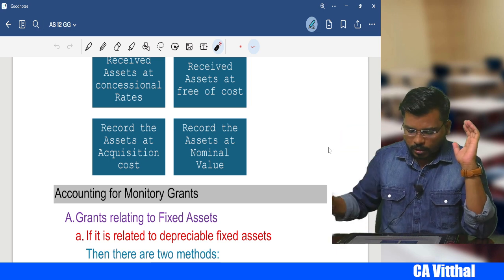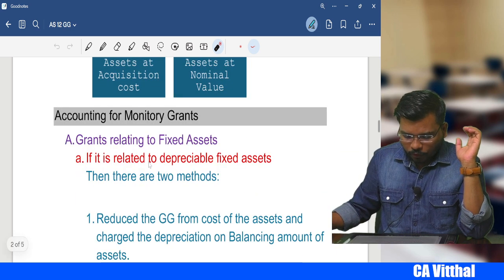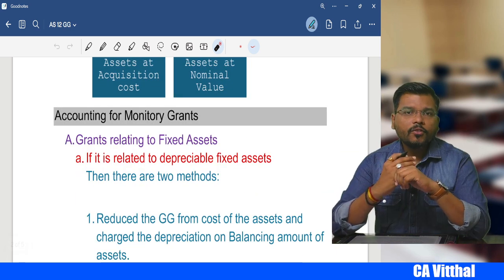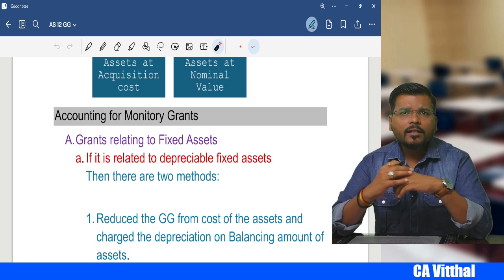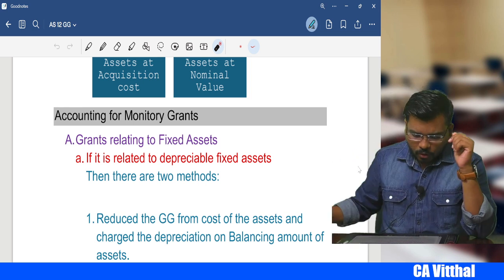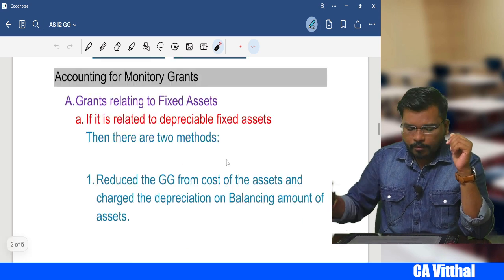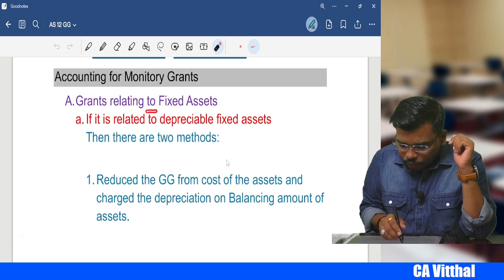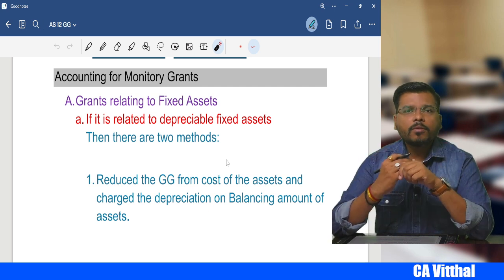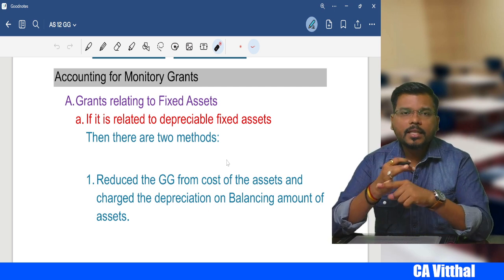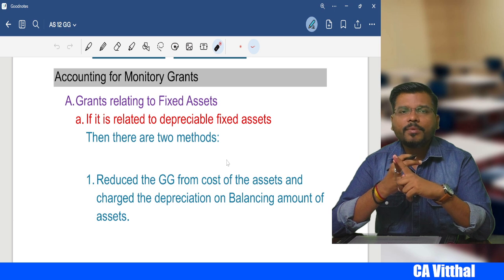Next, accounting for government grant in the form of monetary grant. If the government is giving the monetary grant, like money, relating to fixed asset, now we know there are two types of fixed asset. One is called depreciable fixed asset and the other is non-depreciable fixed asset.